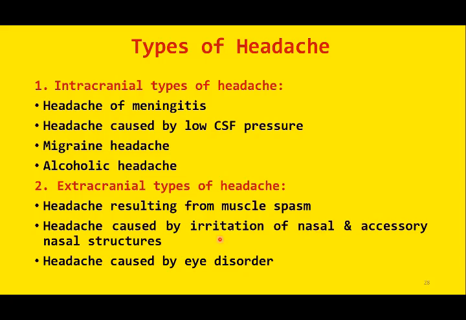If the source of stimulus is located inside the eye, again extracranial headache. So depending on the site of stimulus or the source of stimulus, we can classify headaches as intracranial or extracranial.